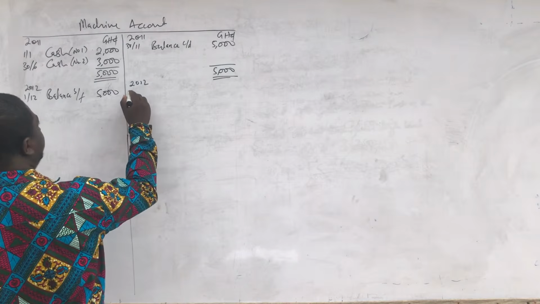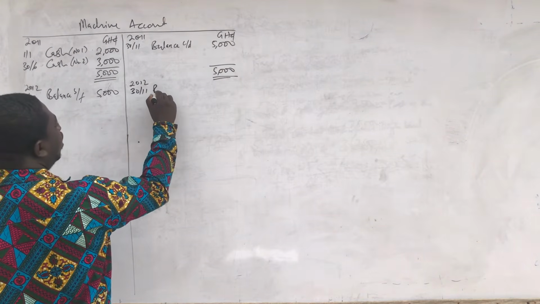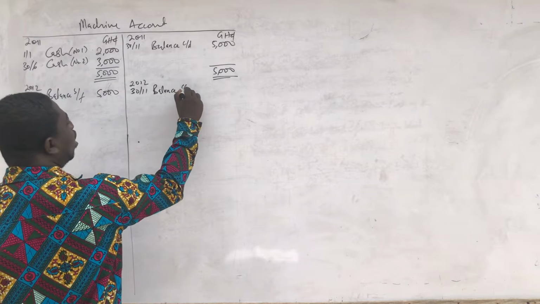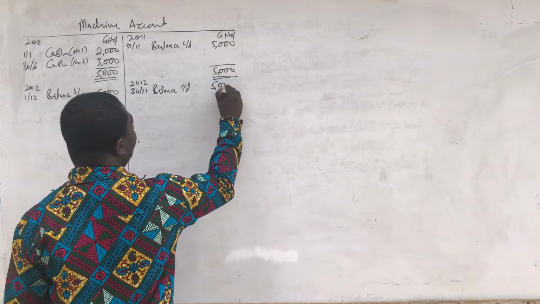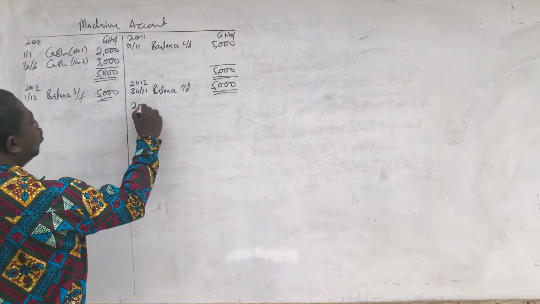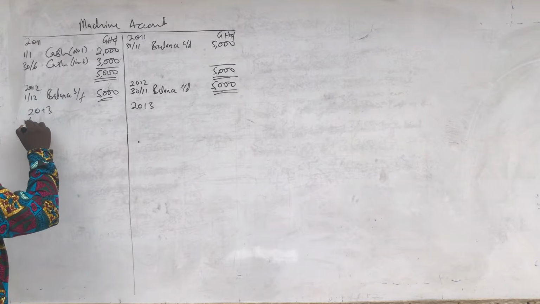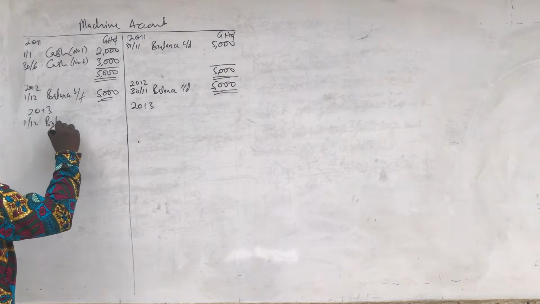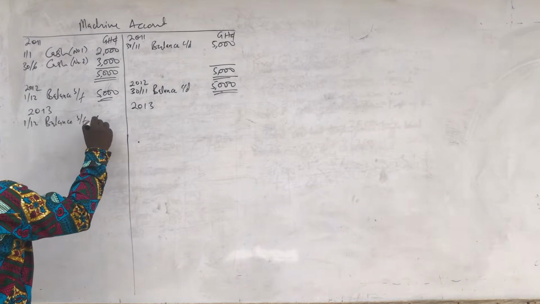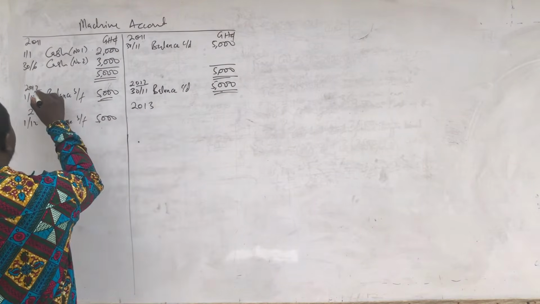And therefore, on the last day of the year, 30th November, there is a balance carried down of the same 5,000. We'll just close it off, and then we'll move to 2013, which is the next year. On 1st December, there will be a balance brought forward of 5,000 Ghana cedis. So that is how it's going to be.